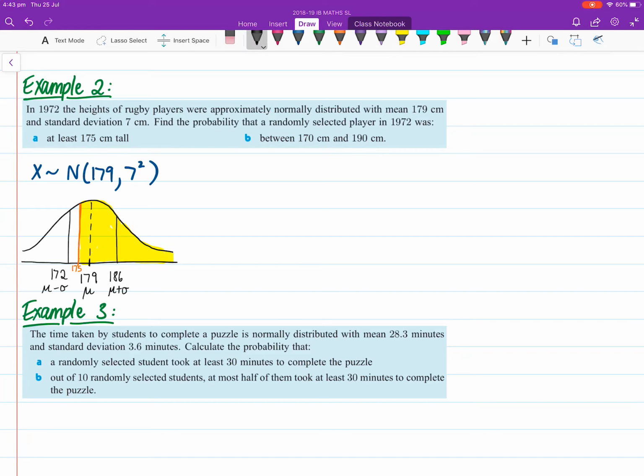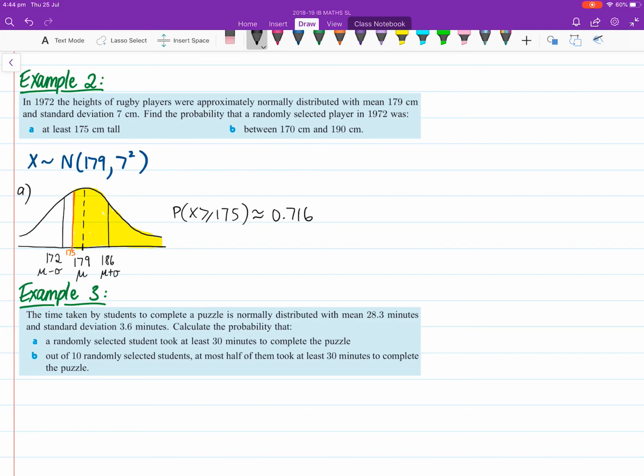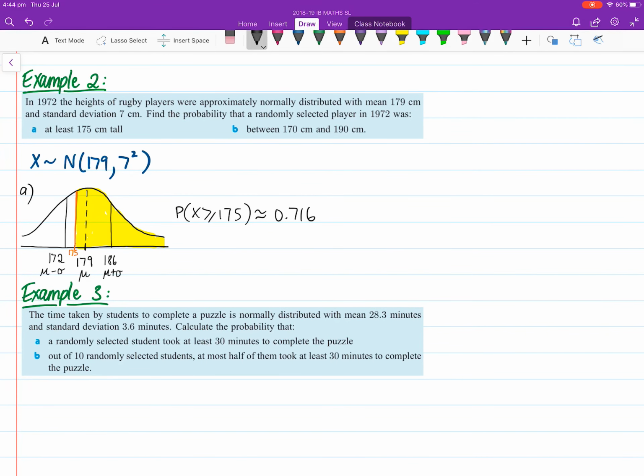Follow the video, and hopefully you should get, for part A, the probability of x being greater than or equal to 175 is approximately 0.716 on the calculator. If I asked you for that as a percentage, it's approximately 71.6%, which is quite high, isn't it?